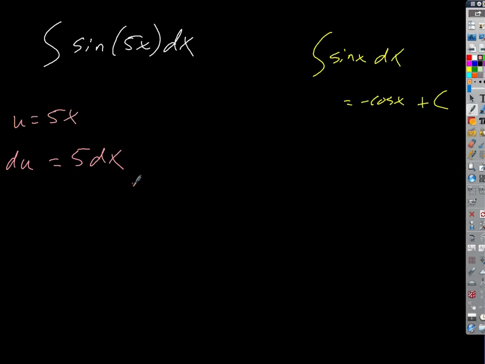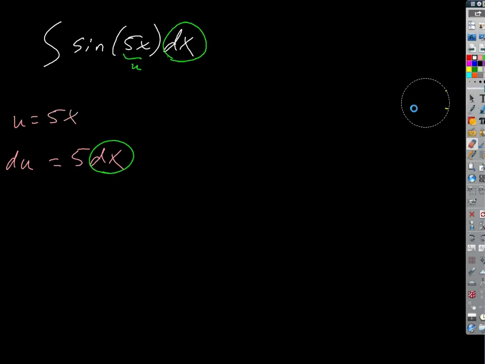So what have we got here then? Let's circle the stuff that we have. Well, I've got a sine of u, and then here I've got a dx. So if I were to solve for dx in terms of u, what is dx equal to? Du over 5, good. So when I make my substitution, what I really get is the integral of sine u times 1/5 du.